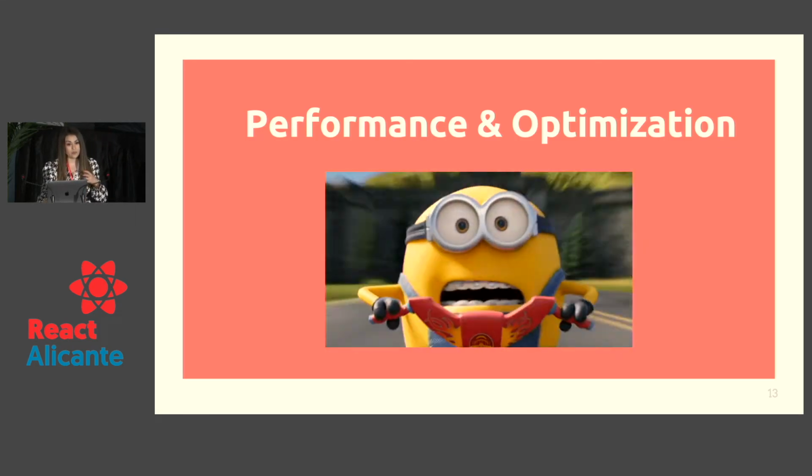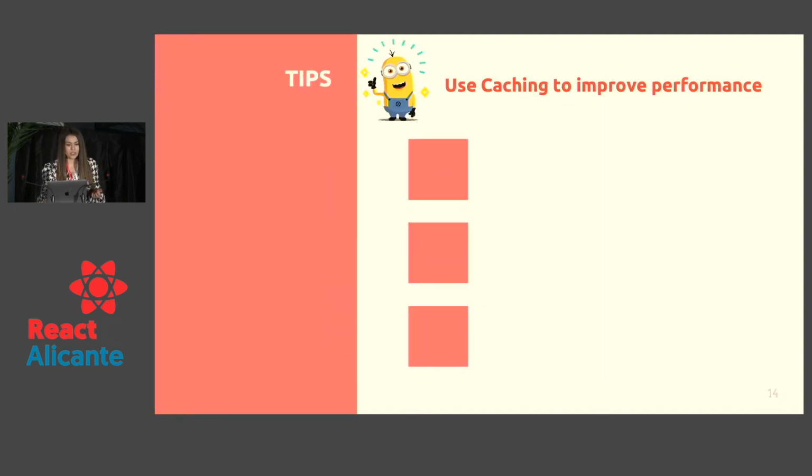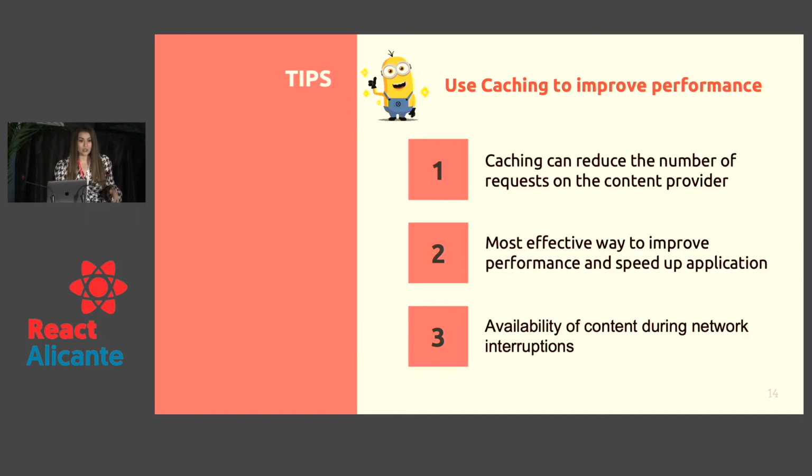So my tip, if you're having those cases, is to use cache to improve your performance. Caching can reduce the number of requests to the content provider, and the most effective way to improve the performance and speed up your application is to use caching. And also you will get availability of content during network interruptions.